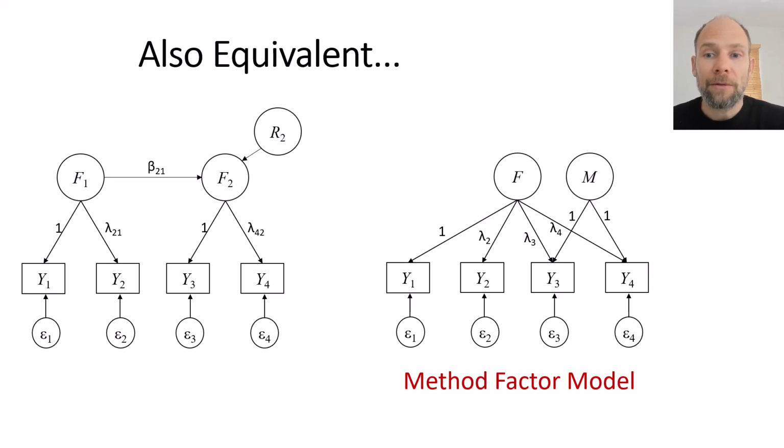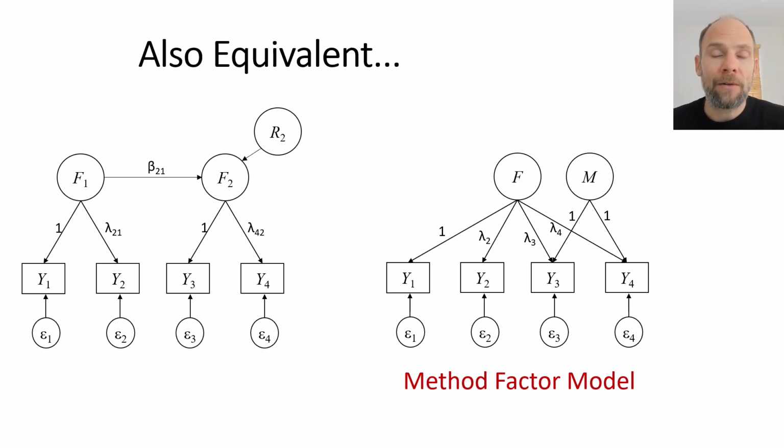However, y3 and y4 have something specific in common, a method effect. So for example, maybe y3 and y4 are self-rated intelligence, and y1 and y2 are intelligence measures based on an objective intelligence test. And then M would represent the discrepancy between the self-report and the objective intelligence measure.